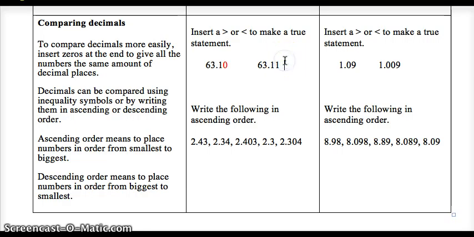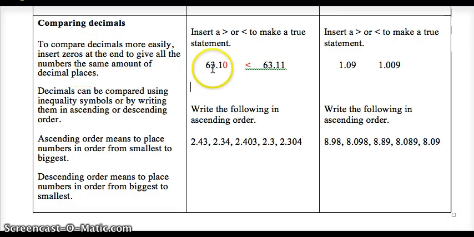But this number over here, 63.11, sorry, has a 1 in the hundredths column. The other thing you can say is, well, 63.10 is after the point, and for this number over here, we've got 63.11, so this one's got 11 after the point, so we can say that the 63.11 is bigger than 63.10.